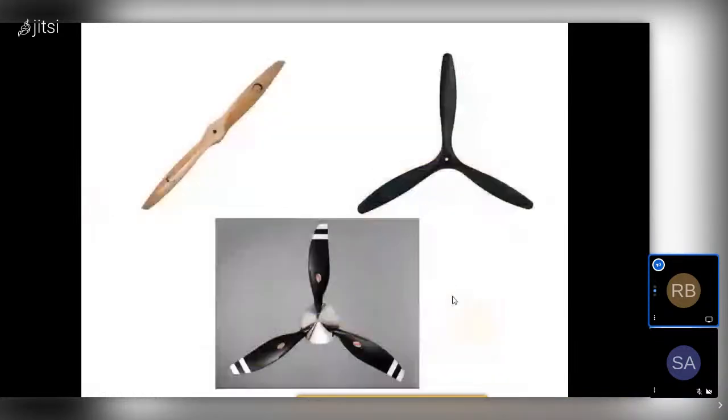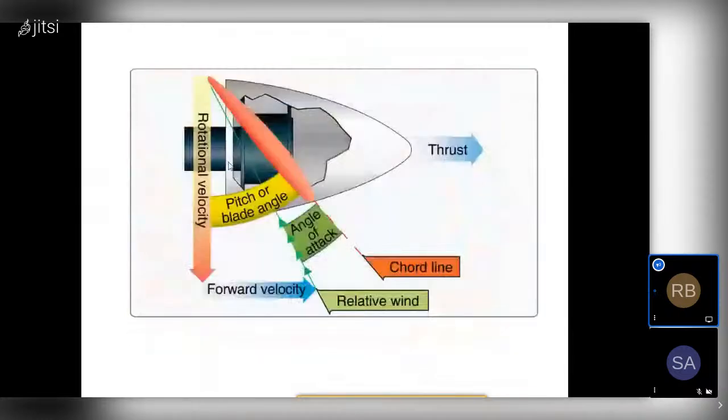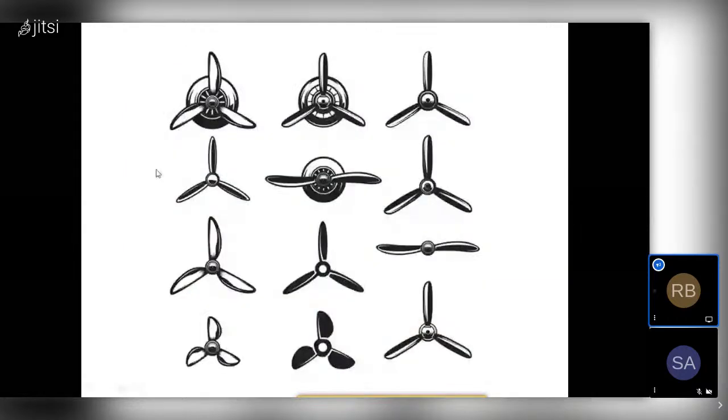So here we have different propellers, like three with twisted angle. Like this twist we can give in our OpenVSP software. Then we have different propellers. The shape and the design parameters are different, so that's why the overall look of this propeller is different.